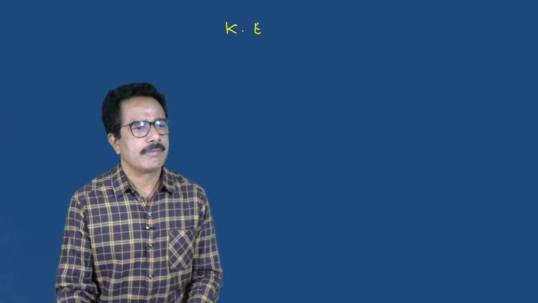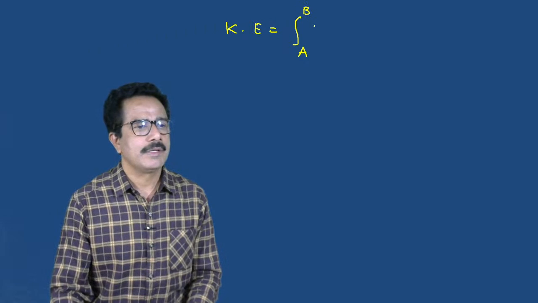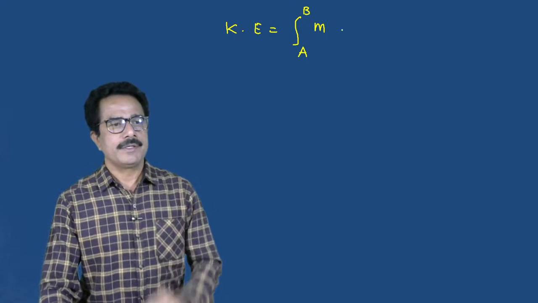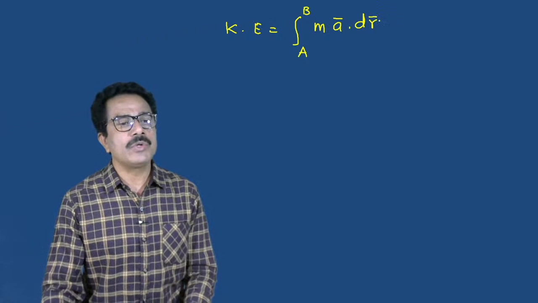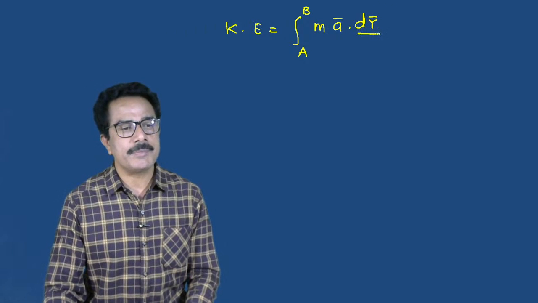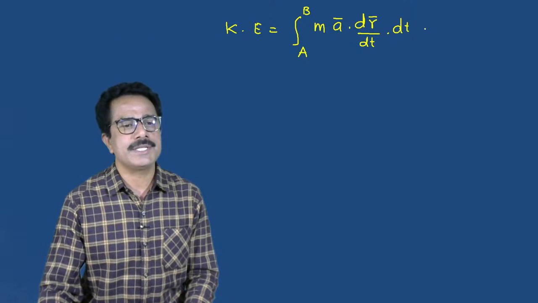So kinetic energy is equal to the integral from A to B of m into a bar into dr. Again we have to use the chain rule here. dr can be written as dr by dt multiplied by dt.